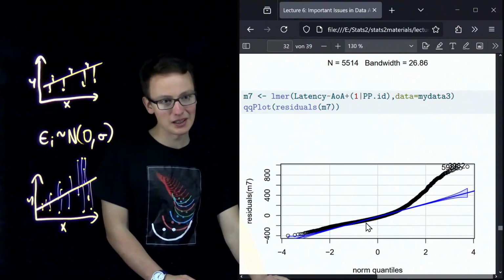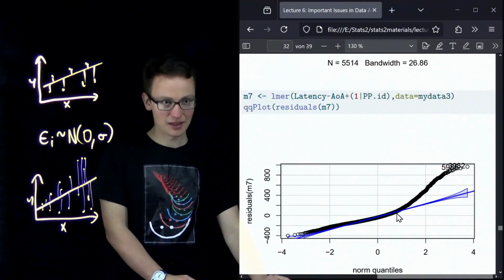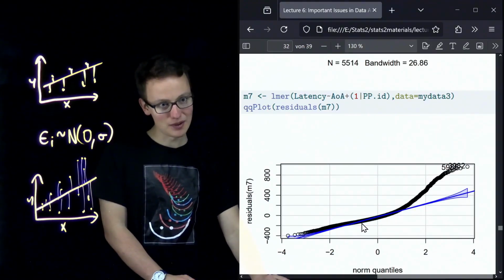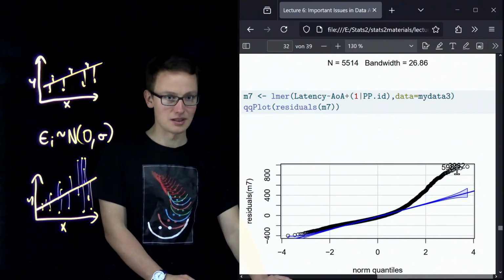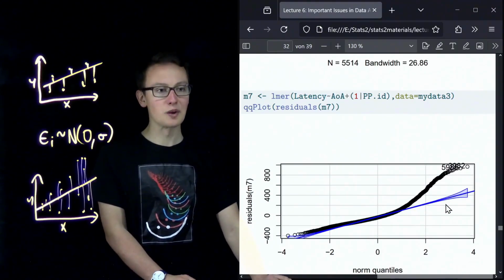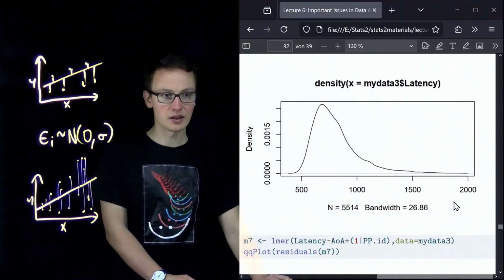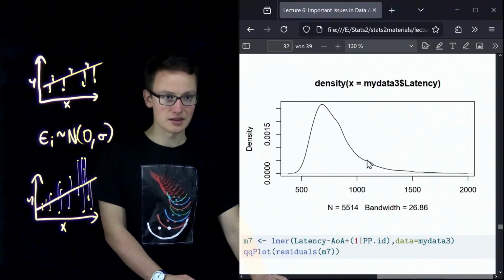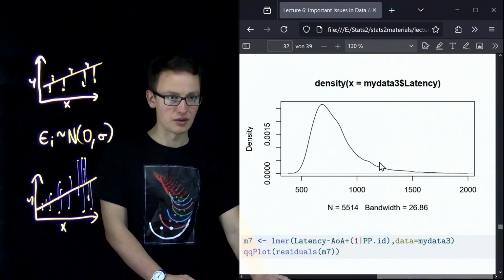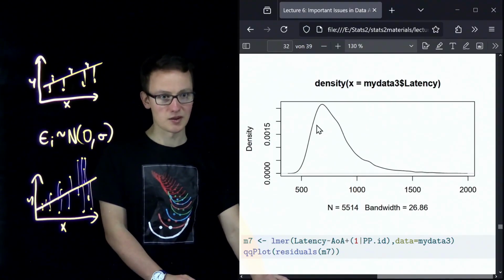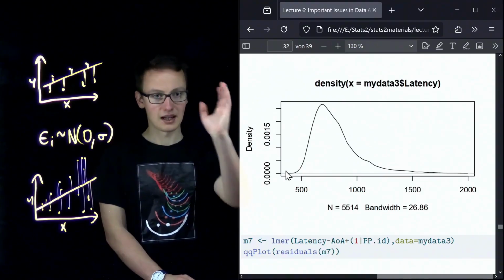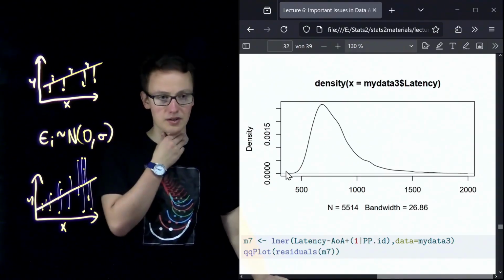Up until quantiles of roughly 1, it looks fine, but then the residuals start to deviate to some extent from what they would have to be assuming perfect normality. This corresponds to the skew that we can also see visually here, right? This skew to the right has a long tail, whereas on the left side the tail is much less wide.